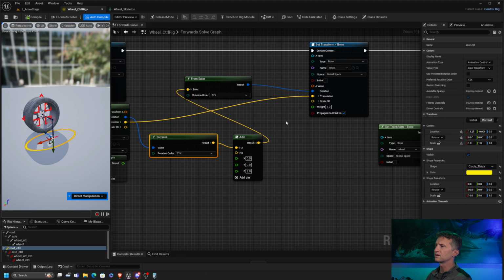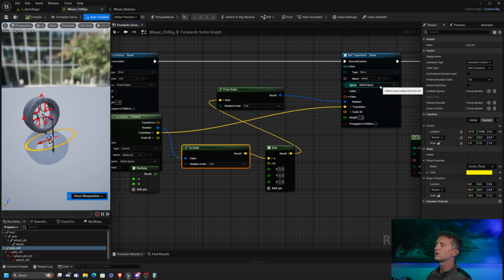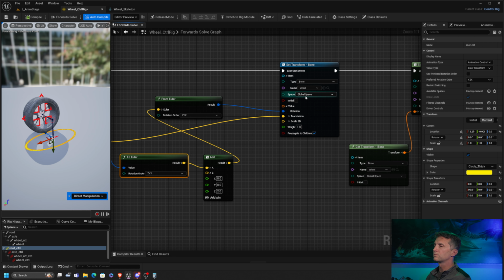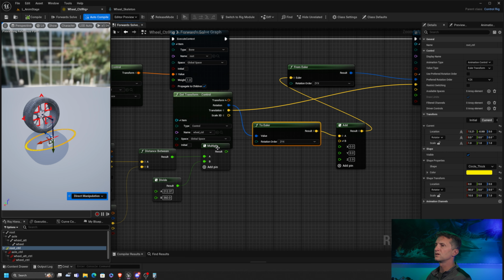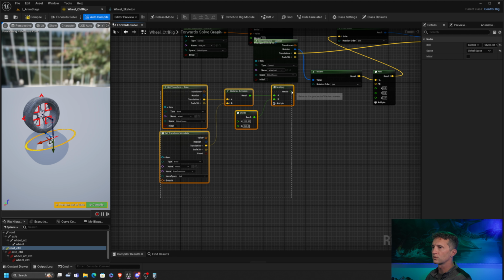It does nothing. So we're setting the wheel bone, oh, interesting. We're setting the wheel bone in global space, but this rotation is in global space, but I don't think we want that because we're rotating around local space.